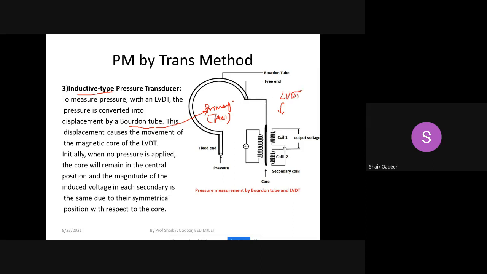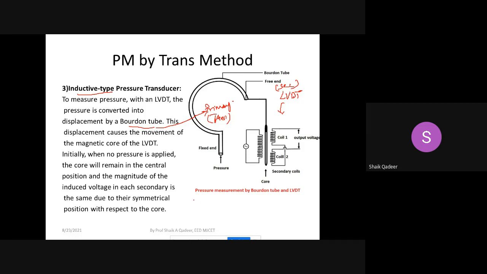LVDT has a transformer, and in between there is a space in which we are keeping a core which is cutting the magnetic lines of force created by this setup of LVDT, and accordingly the EMF induced in the secondary winding is used to convert the displacement into that particular value. Okay, so story is like this. LVDT is secondary transducer and Bourdon tube is primary transducer.